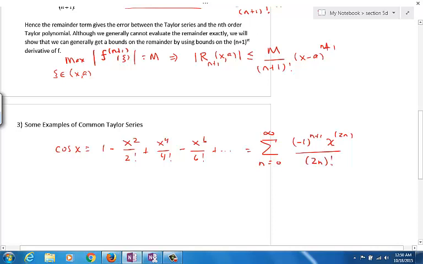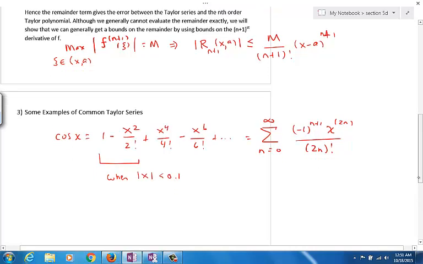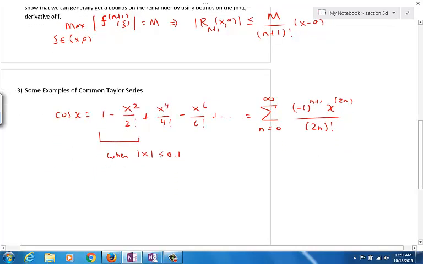Okay, let's go ahead and see what the error is if we approximate it by the first two terms. Let's suppose that the absolute value of x is less than 0.1. So what we have to do is look at the third term in the power series.